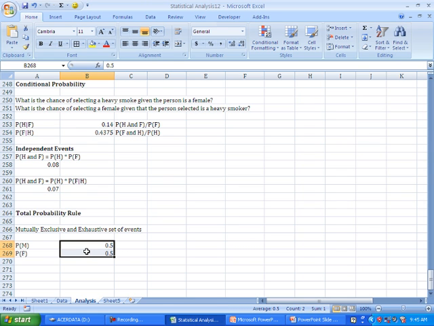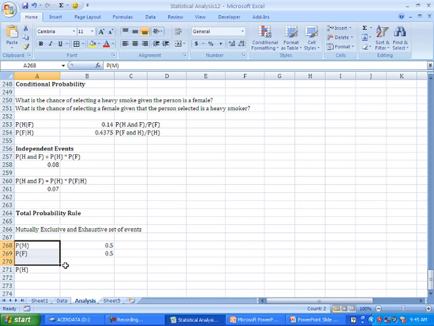If at all I have such kind of events, I can try to find out the probability of any other event. Let's say the probability of heavy smoker. Let's assume that from this data I have no idea of what is the probability of the heavy smokers. What it says is, I can find out the probability through a simple logic. You take this H with respect to each of these mutually exclusive events.